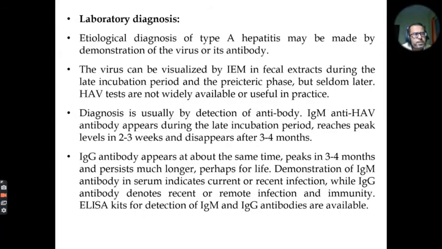Firstly, the demonstration of virus is carried out by using immunoelectron microscopy, using a fecal sample from the patient. This fecal sample is collected during the late incubation period and the pre-icteric phase.